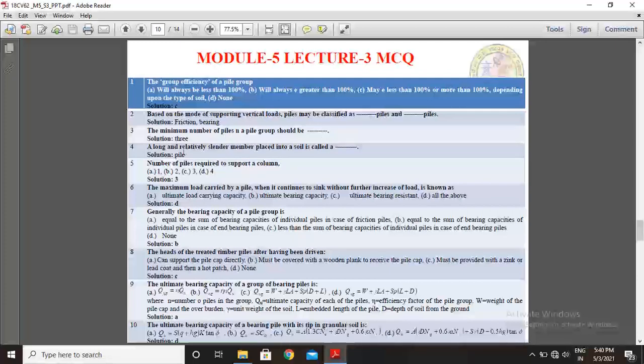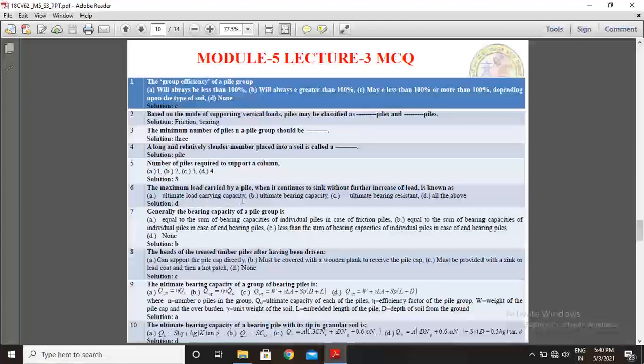Next question, a long and relatively slender member placed into a solid soil is called a dash. Answer is pile. Number of piles required to support a column: option 2, 3 or 4. Option is 3.